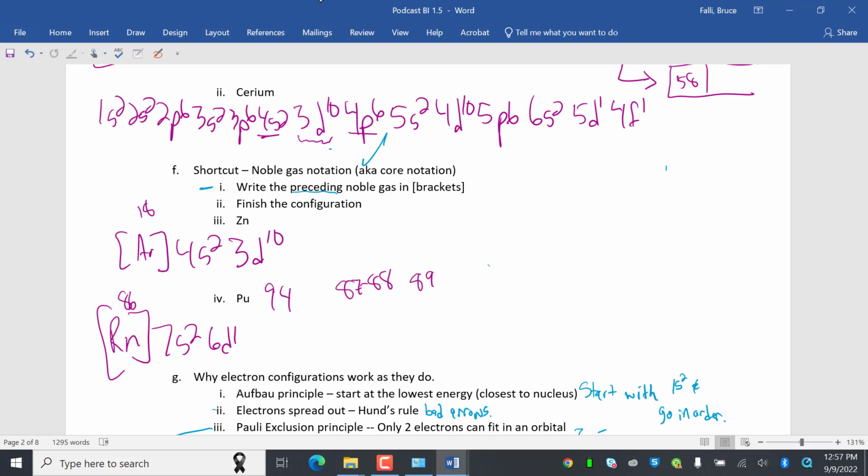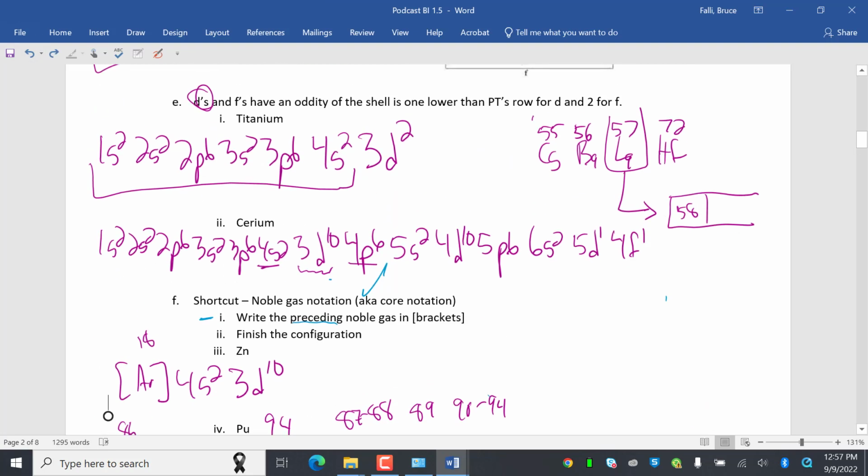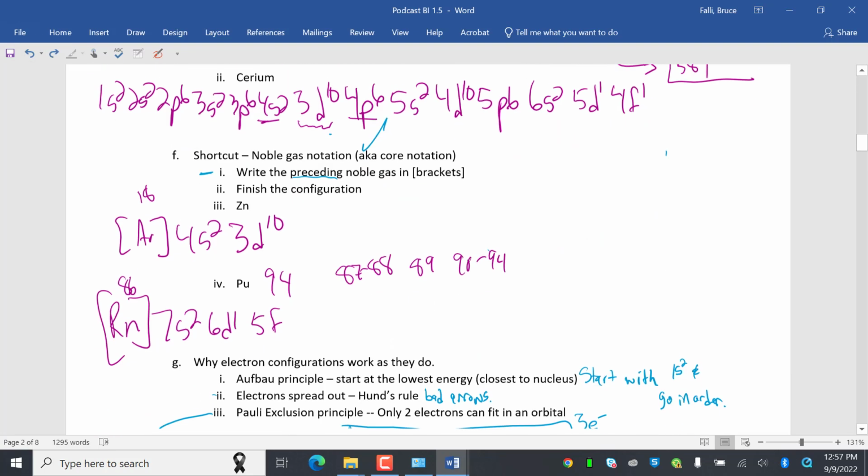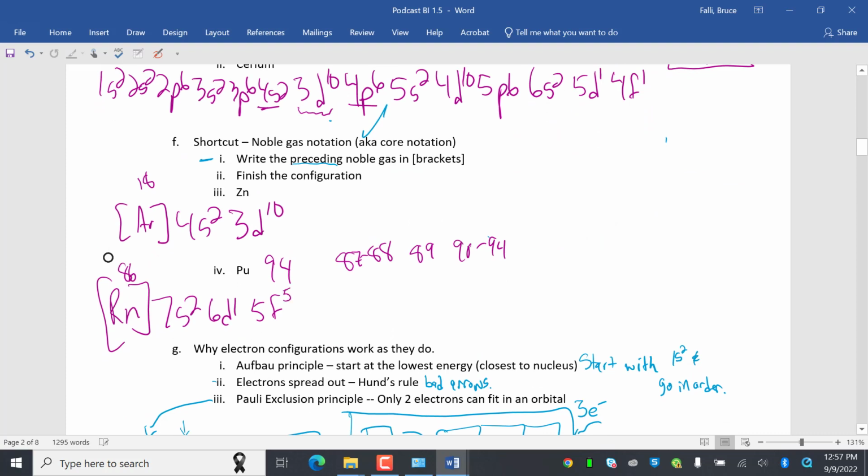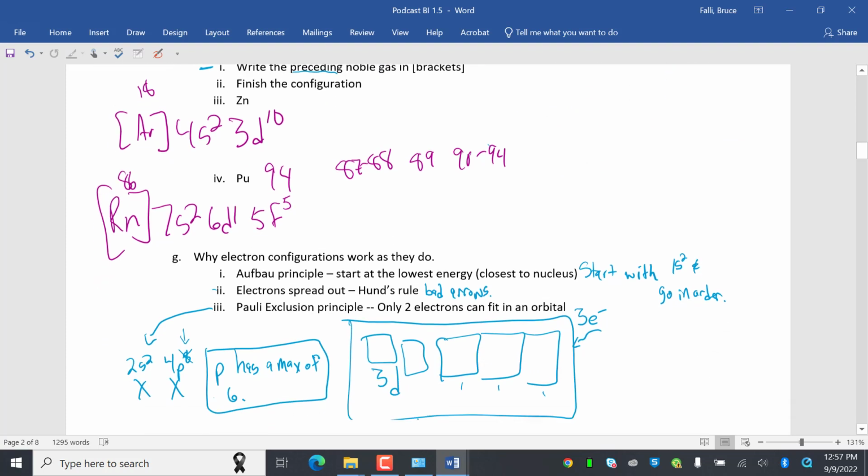Then I get to Pu, number 94. And then I've got to do 90 to 94, which would be 5f, thorium, protactinium, uranium, neptunium, plutonium, 5f6. There you go. All right.